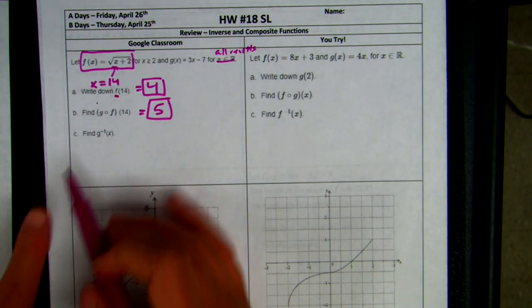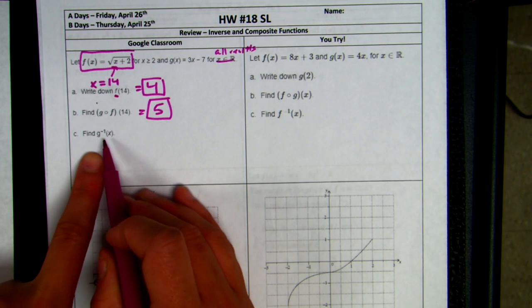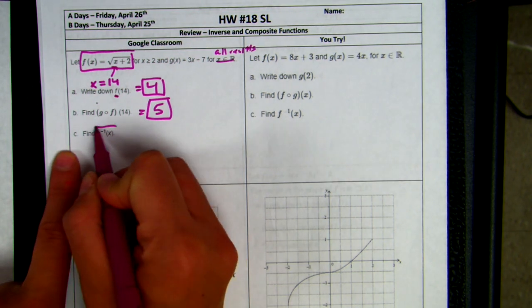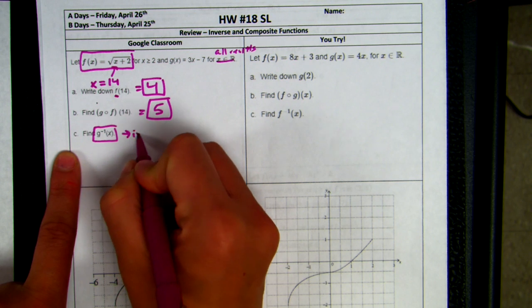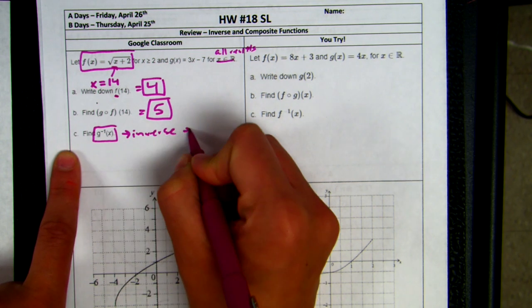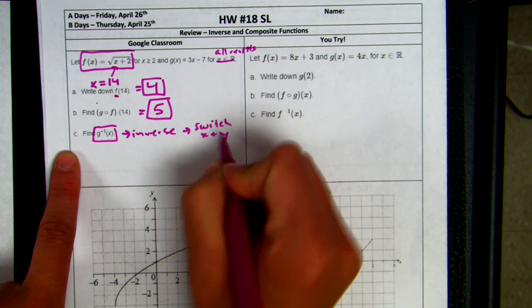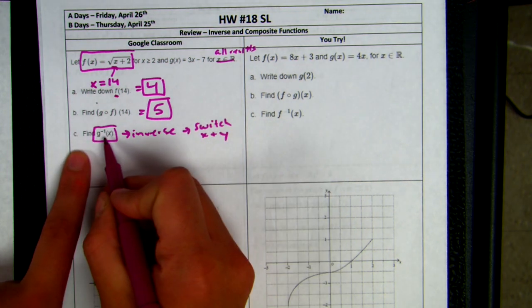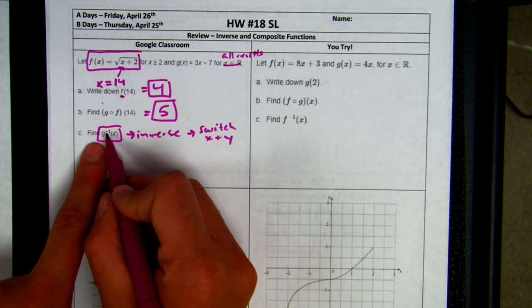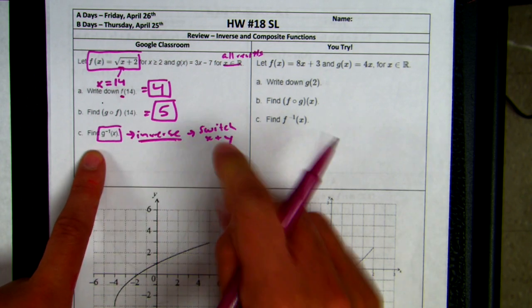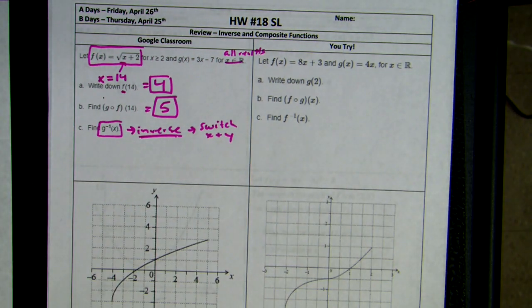Okay, the last question here says find g to the negative 1 of x. Remember that this notation means inverse, which means to switch x and y. Anytime you see that notation with the power of negative 1, it means find the inverse, so switch your x and y values.